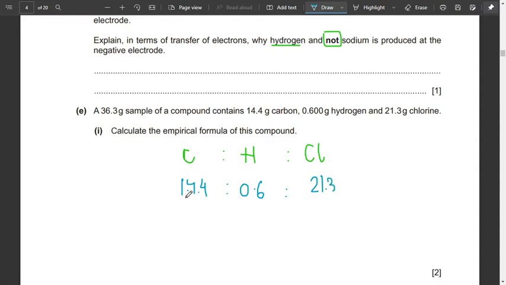And now we're supposed to divide it with the mass of carbon, which is 12, hydrogen is 1, and chlorine 35.5.